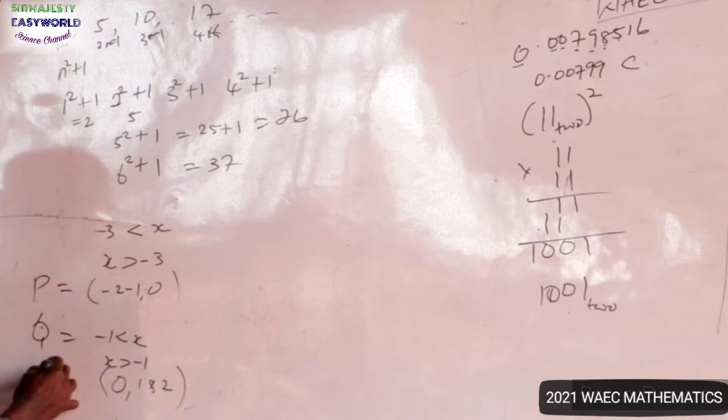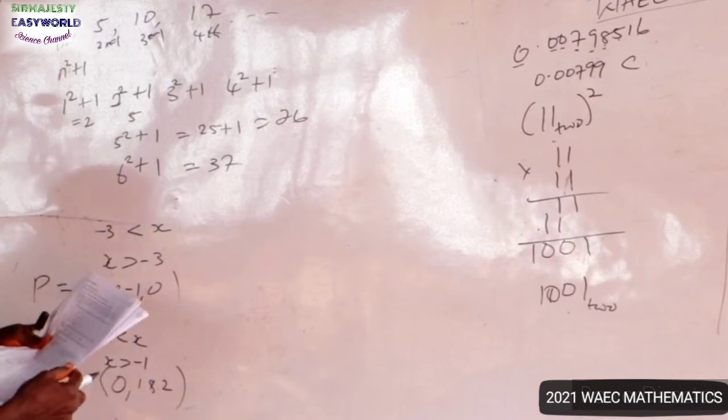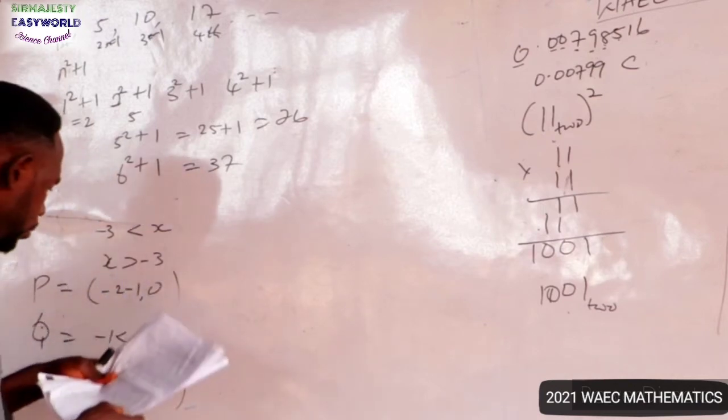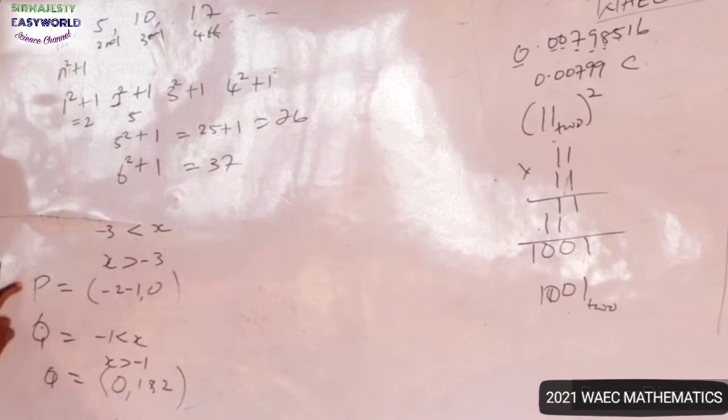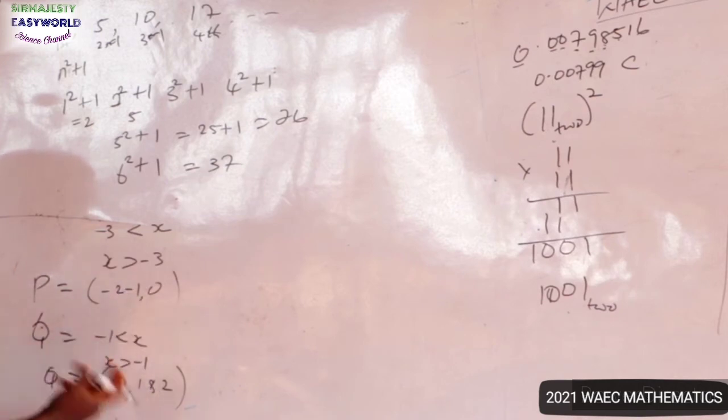So this is the members of Q. Then they asked us P intersection Q, that is the elements in P and also in Q. If you check it, minus 2 and 2 is not the same. Take note. Minus 1 and 1 is not the same. So we just have 0 and 0. So P intersection Q is nothing but having a 0 member.